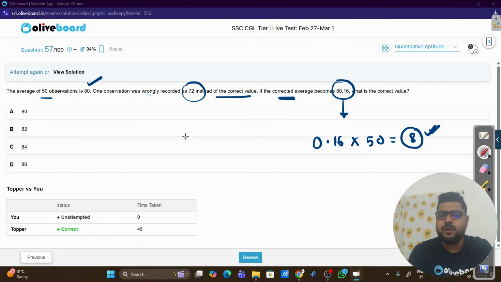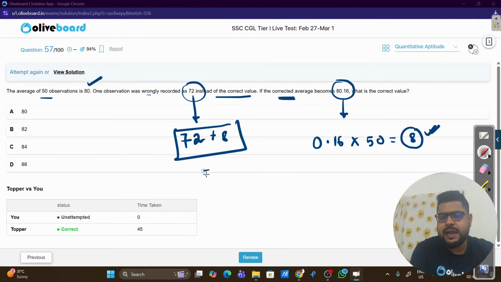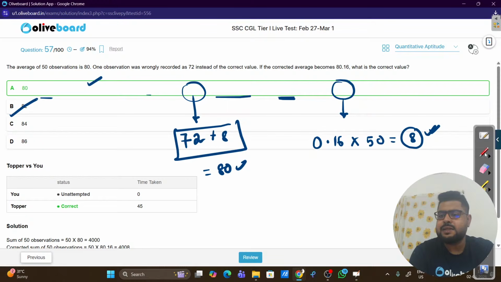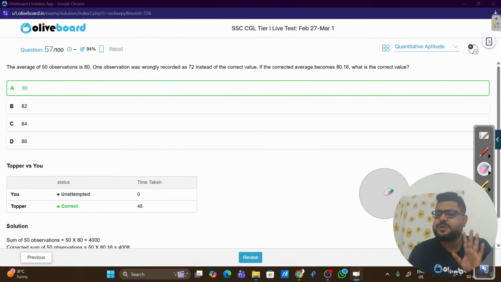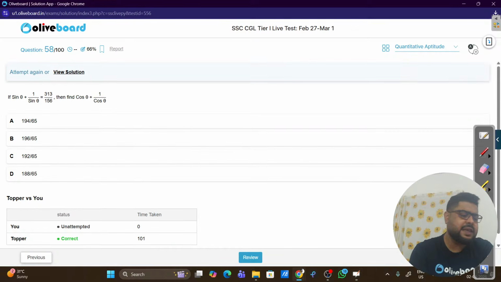Meaning the correct value should be 8 more than the wrong value, that is 78, so the correct value should be 80. It does not take rocket science to figure this out. Clear, everyone? Absolutely clear, I hope. Nothing very difficult.